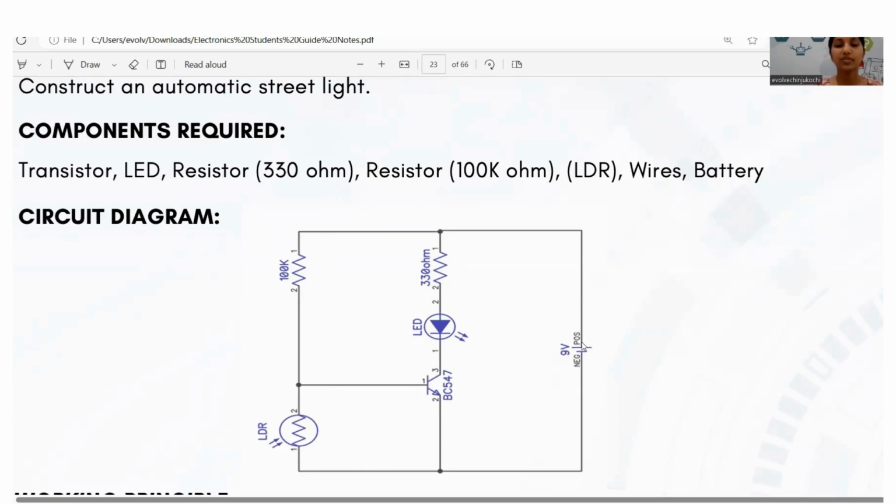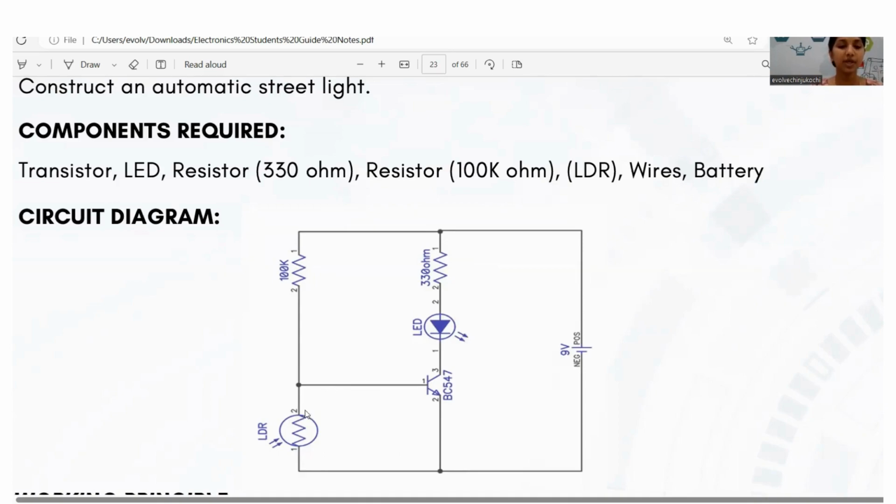The voltage from the battery is going from this direction to this direction. The LDR has low resistance in the daytime, so the current passes through the LDR. So our LED is not getting enough power and it is not going to turn on.